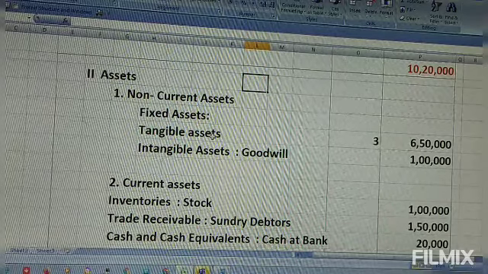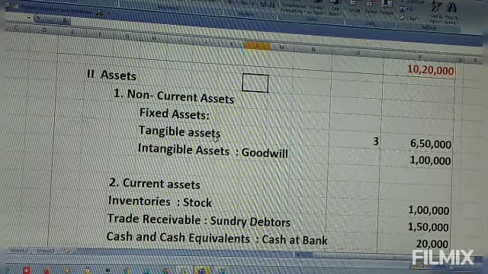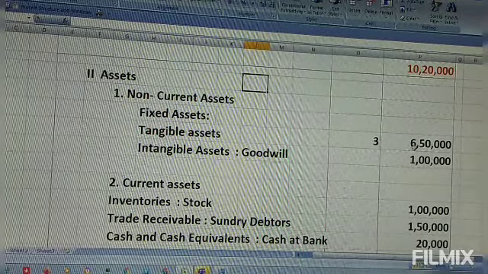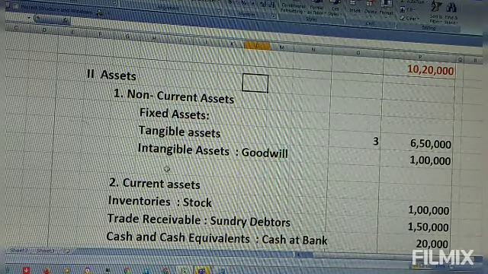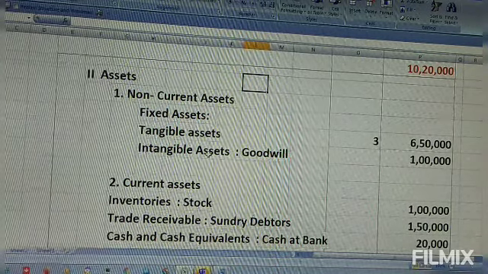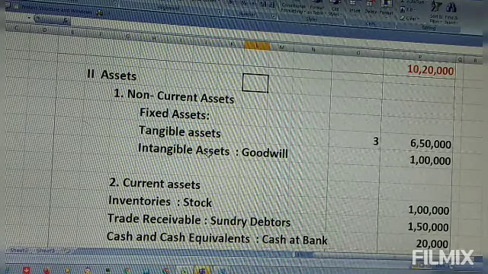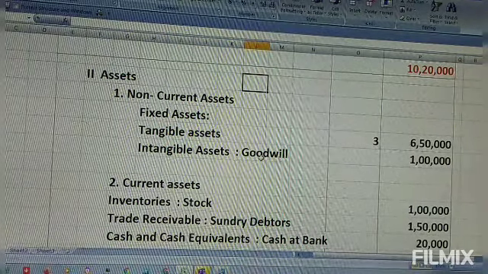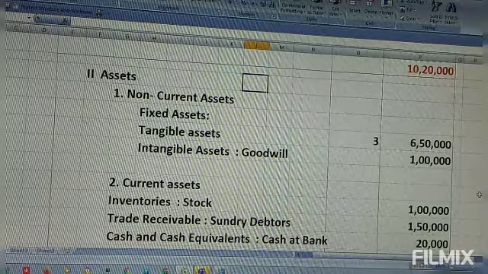The value is 6,50,000. And intangible assets cannot be seen but can be experienced. That is goodwill, the value is 1 lakh.